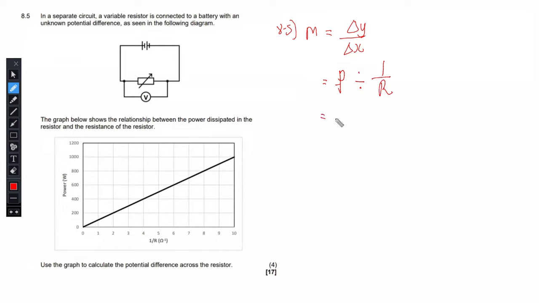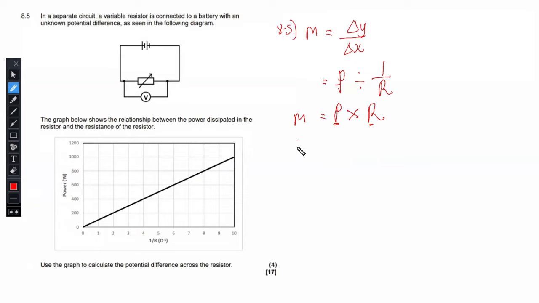Now, applying our maths, we know that the reciprocal of divide is multiply. So that's multiplied by r. Remember, if I change this to a multiply sign, then the numerator must become denominator and denominator numerator. So r over 1 will give us r. So that means my gradient will be represented by power multiplied by the resistance.